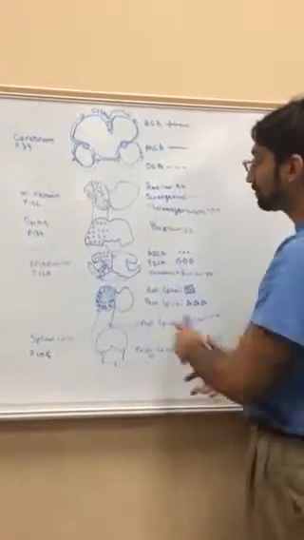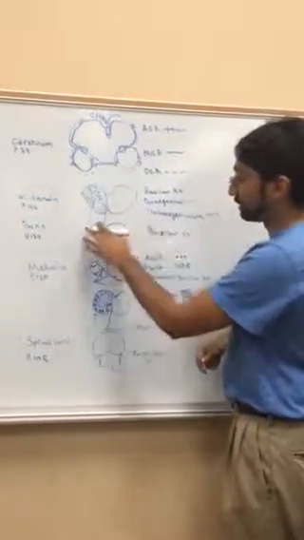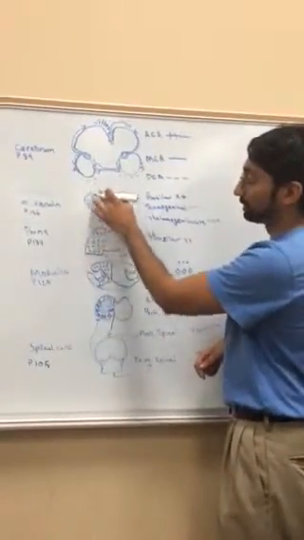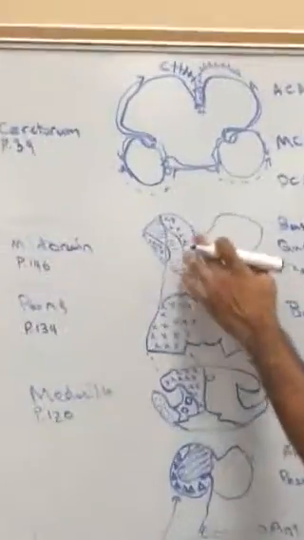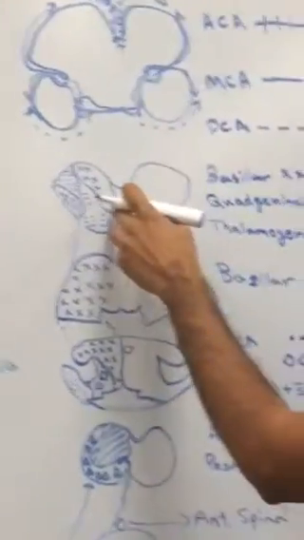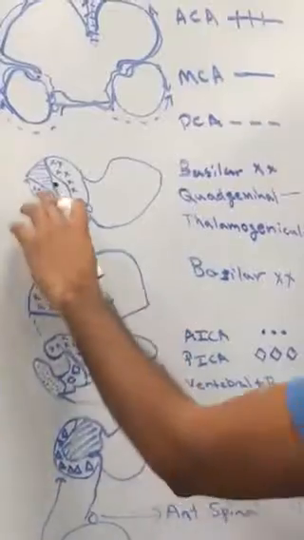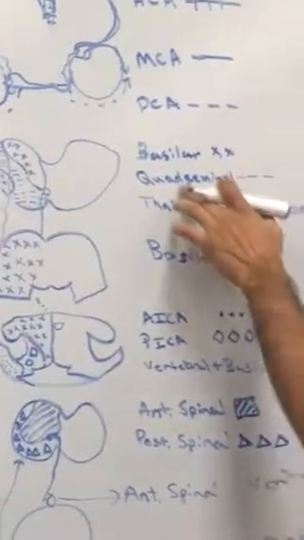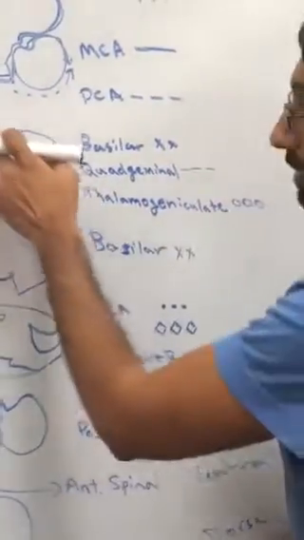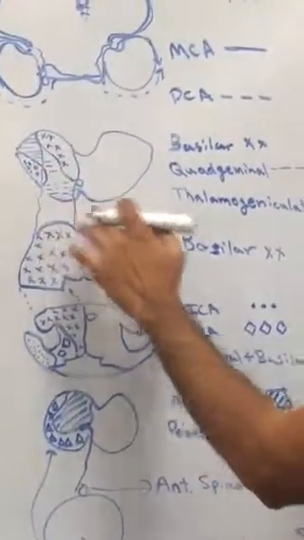Okay? Then we see that the major part of the basilar artery also continues to serve the medial ventral portion of the midbrain. And then we have 2 new players, where here the one immediately outside is going to be the quadrigeminal.